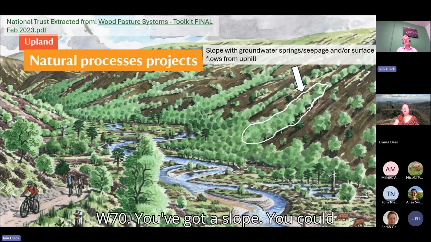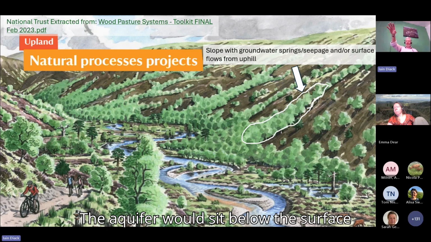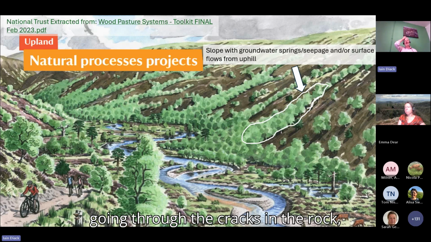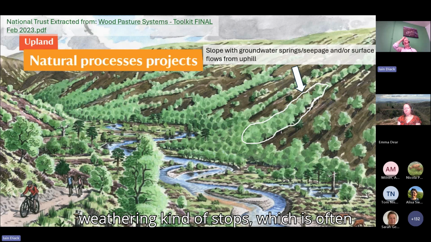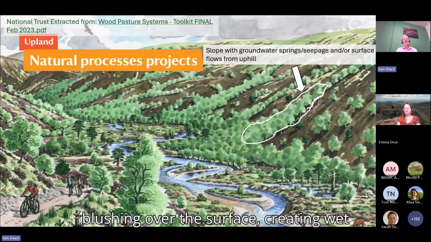So you've got a slope. You probably have the aquifer sitting below the surface here. Water would go through the weathered cracks in the rock and emerge lower down the slopes where that weathering stops, which is often, I don't know, 20, 30 meters down into the bedrock. So groundwater emerges on the slopes and then flushes over the surface, creating wet conditions.